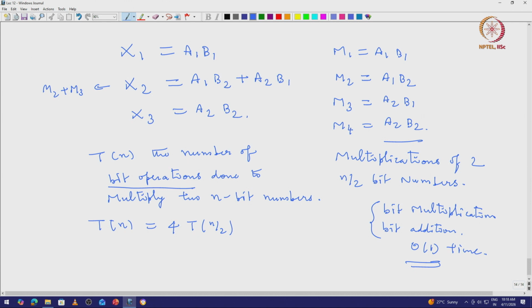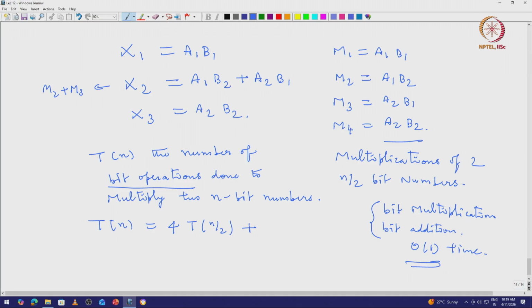We can calculate exactly the bit additions involved in this, it is order n, we can even work out exactly how many it is. Here 2 power n means it is a shift operation.